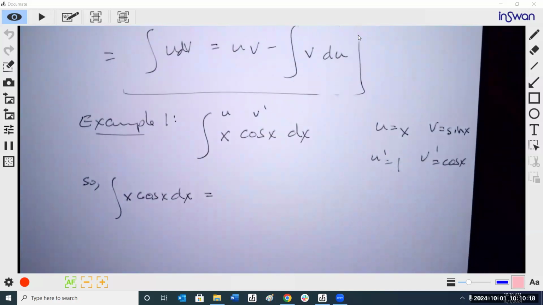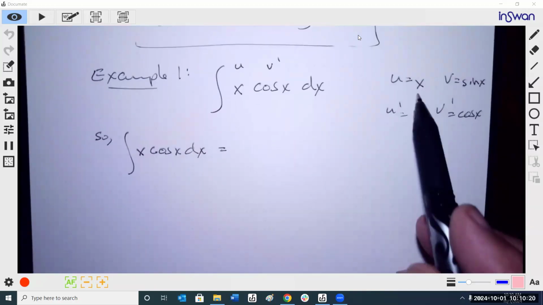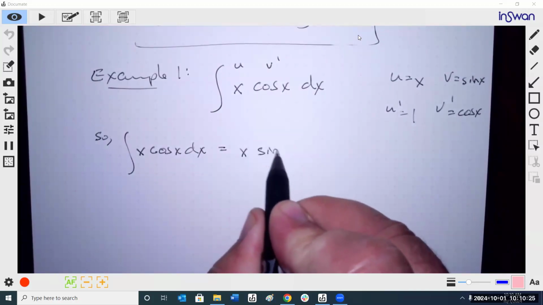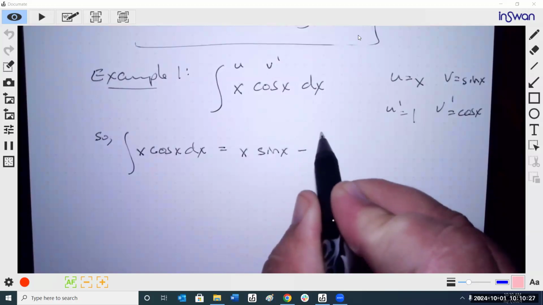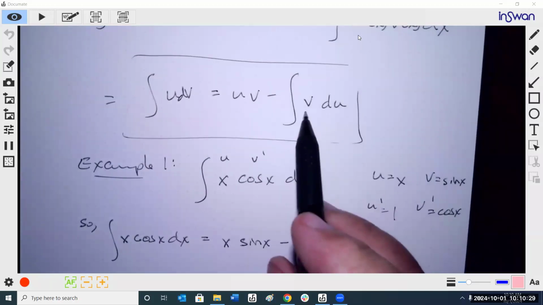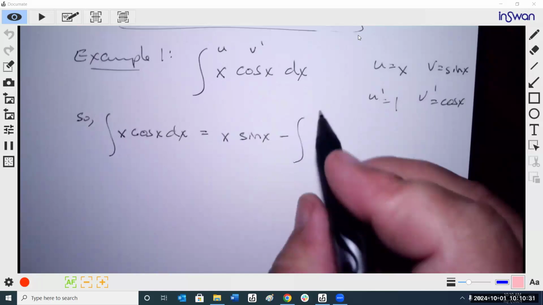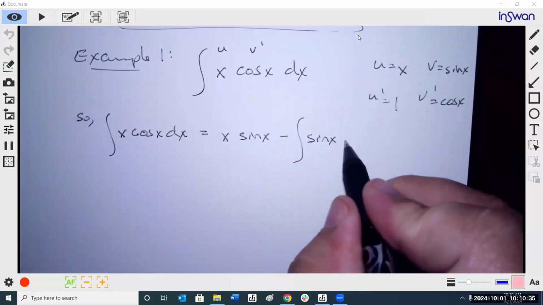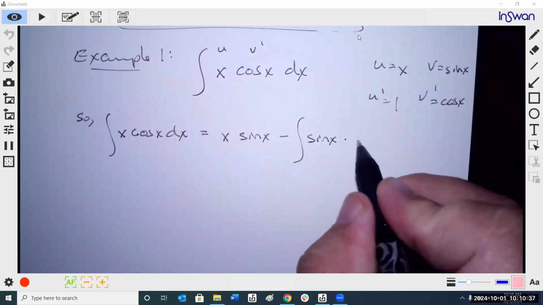get that formula, u times v. So it's x sine of x minus the integral of v du. So it's sine x, and du is 1.